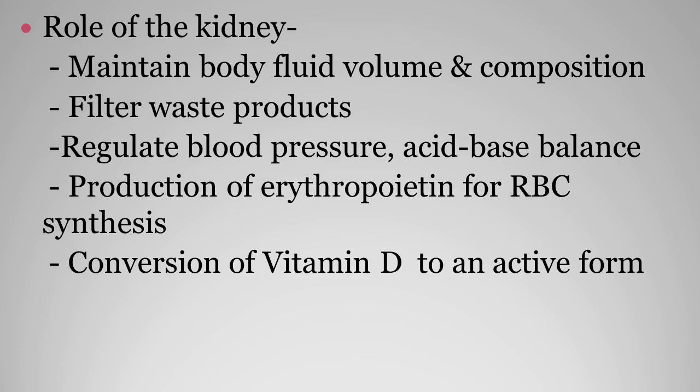Let's go back to our hematology, how we talked about the growth factor with erythropoietin necessary to make red blood cells, and of course the conversion of vitamin D to an active form. When we talked about that in regards to the parathyroid glands and how important the process of the kidneys were in that conversion of vitamin D to an active form.